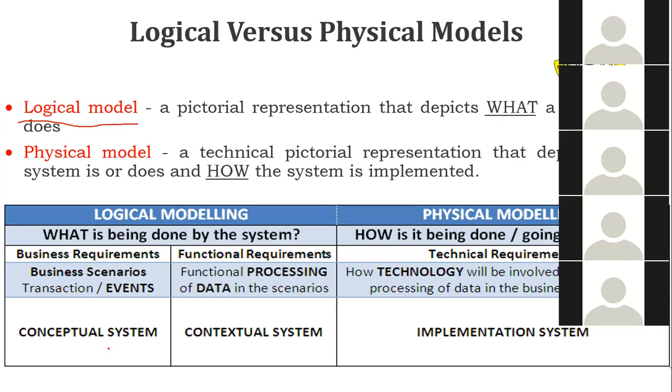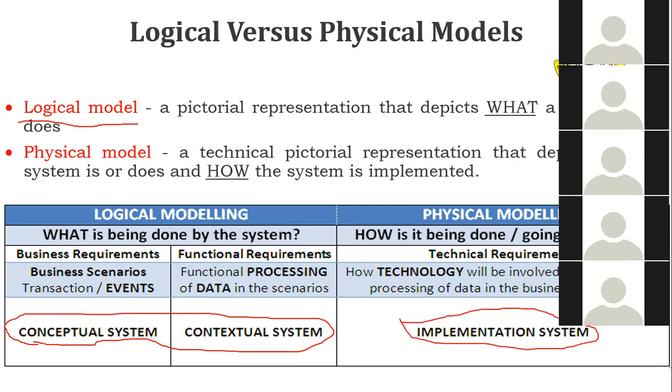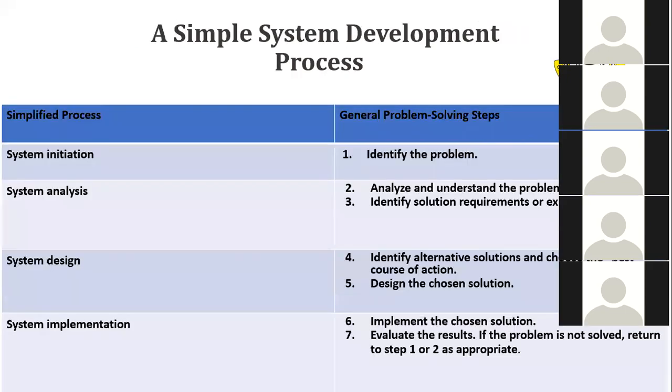So the logical modeling is usually done in the initial stages before implementation, during conceptual and contextual system design. When we are actually beginning the implementation process, this is when we start handling the physical. Here we're saying how technology will be involved in the functional processing of data in the business scenario. So those are the two different models that come out in the design and development process.